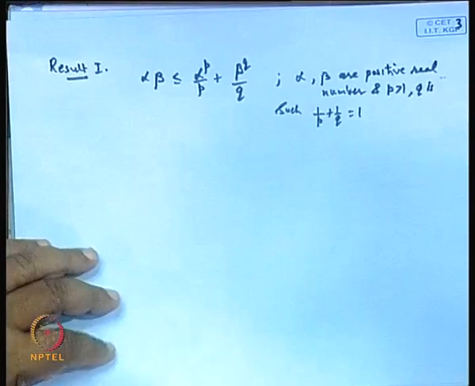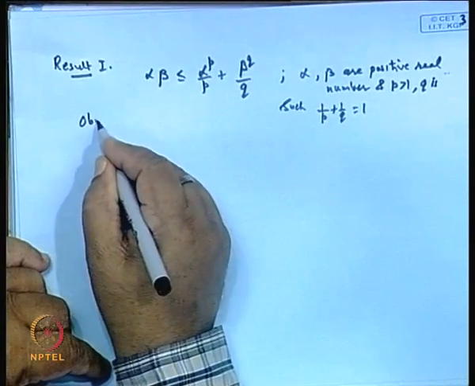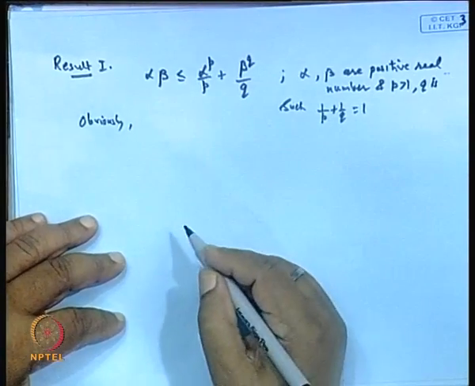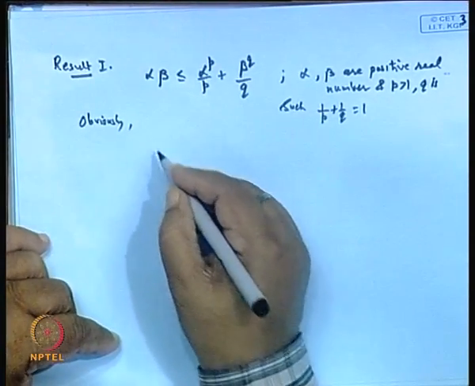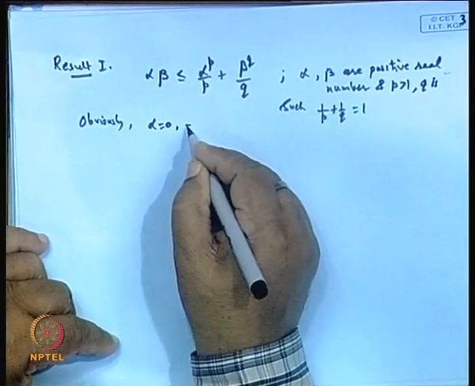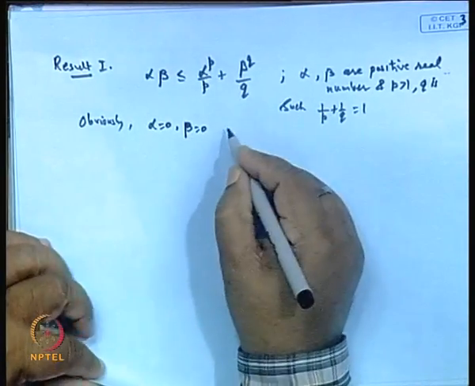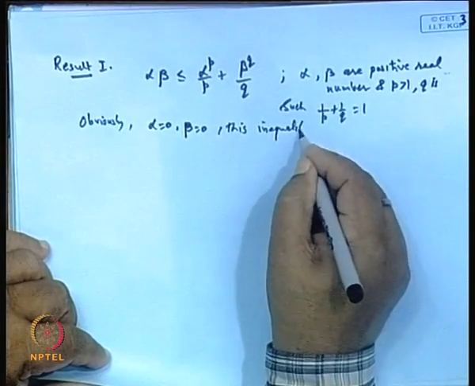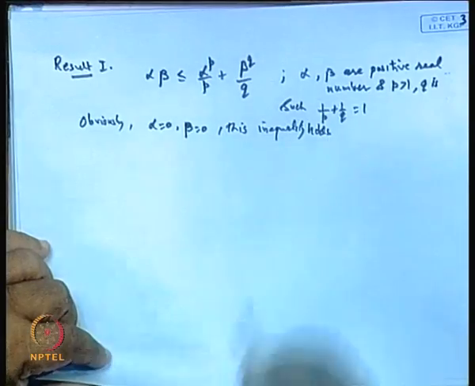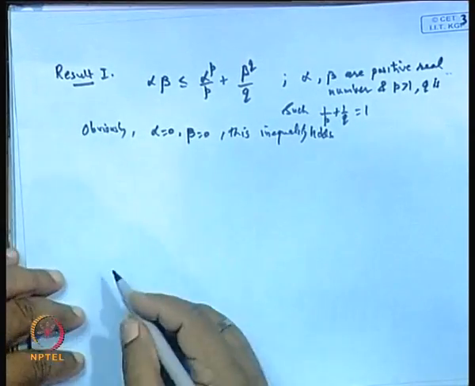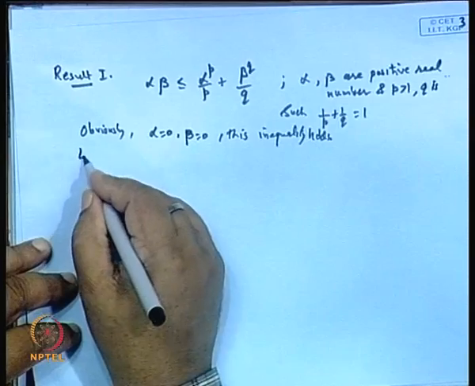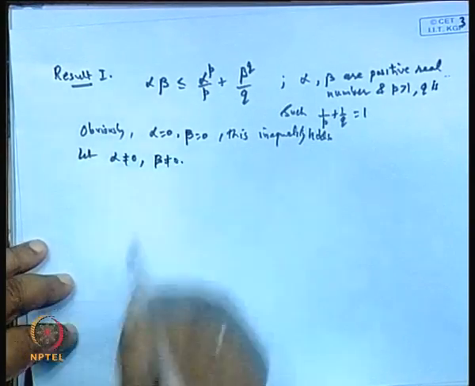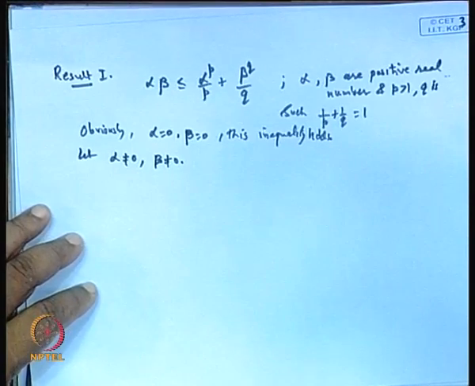Okay. Now, obviously for α = 0 and β = 0, this inequality holds, which is true obviously. So, let α not be equal to 0, β not be equal to 0. Okay. So, for the general case we want this.